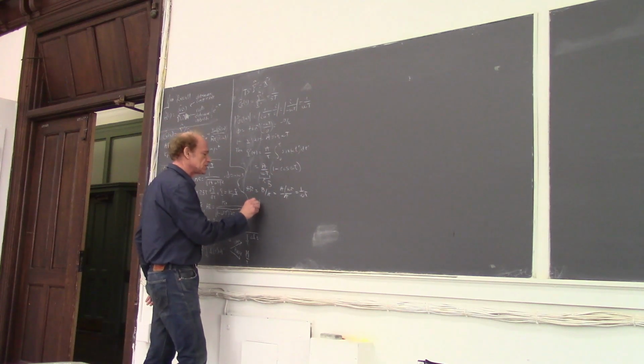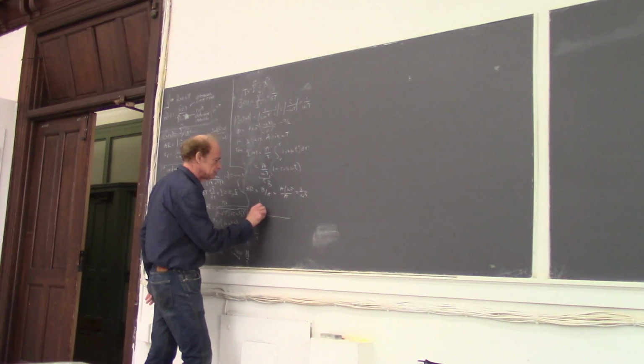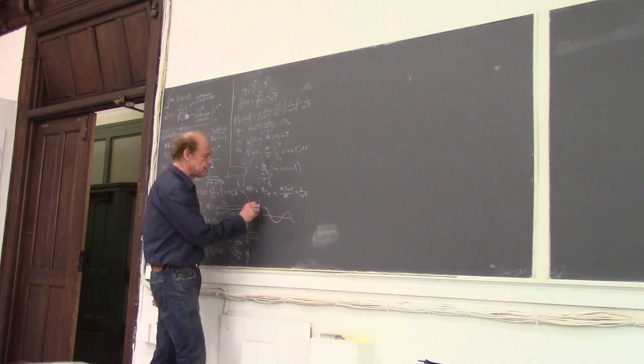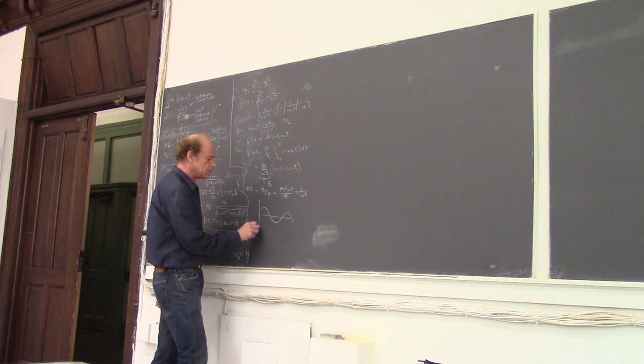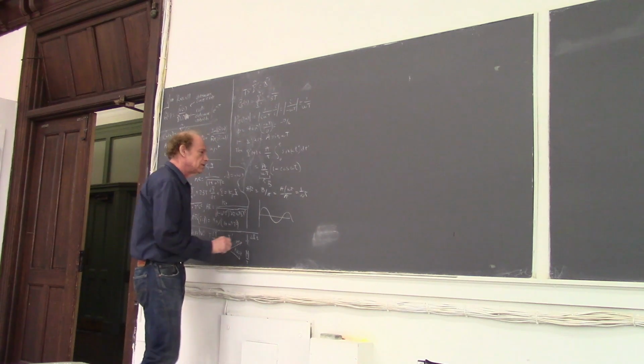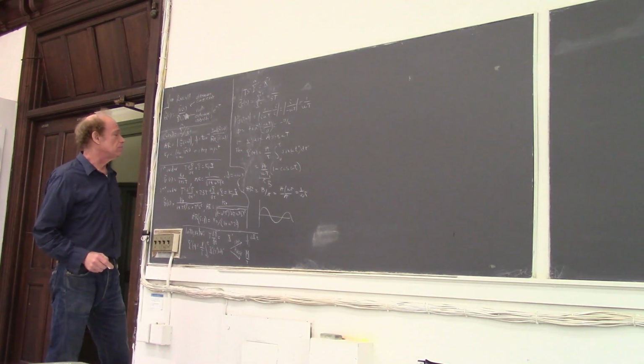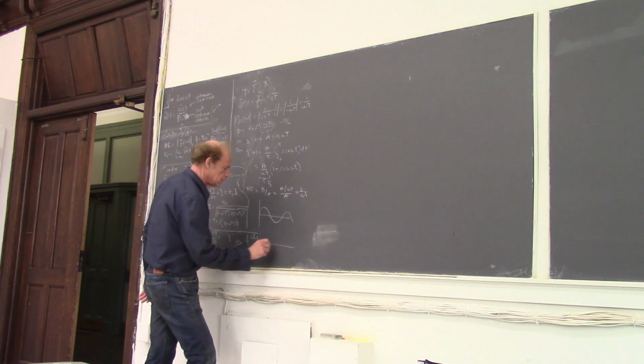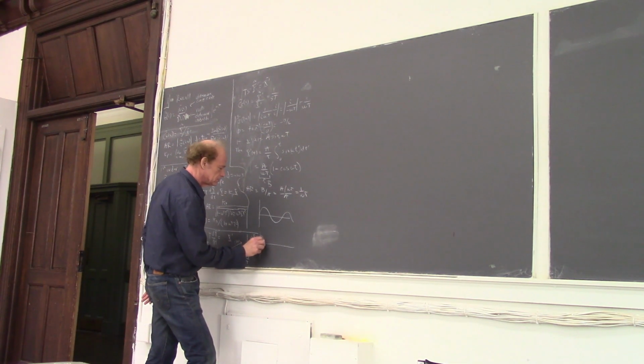And notice the sine function looks like this. The cosine function starts here, but 1 minus that, so minus the cosine is here, plus 1. The cosine function looks like this.